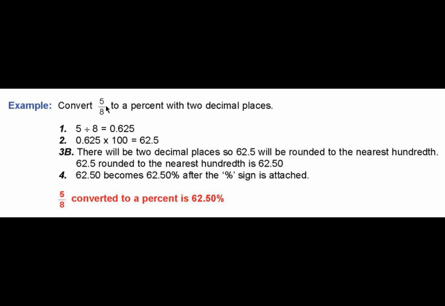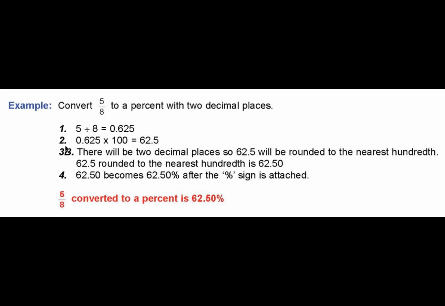The numerator of 5/8 is 5. The denominator is 8. So we will divide the numerator, which is 5, by the denominator, which is 8. And that gives us a result of 0.625.